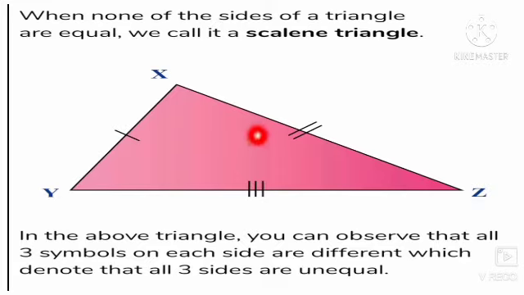When none of the sides of a triangle are equal, we call it a scalene triangle. In the above triangle, you can observe that all three symbols on each side are different, which denotes that all the three sides of the triangle are unequal.